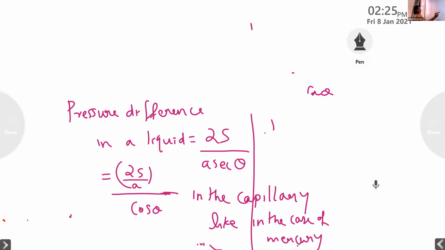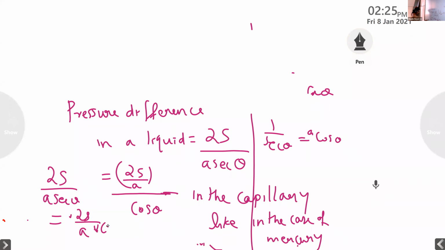Children, 1 by sec theta is equal to cos theta only, no? Trigonometry. Correct. This component cannot be cos theta alone. It is a cos theta. See, 2S by a sec theta, we can also write 2S by a into cos theta, since 1 by sec theta is equal to cos theta.